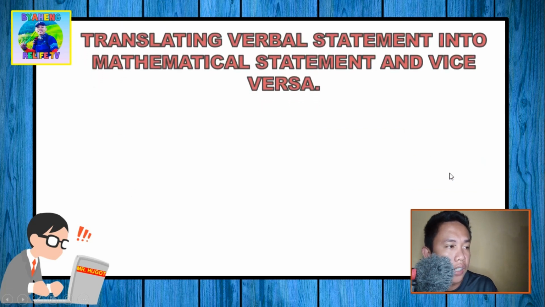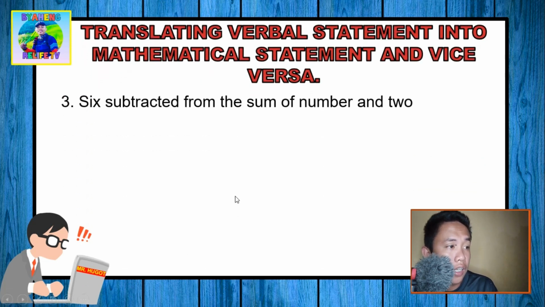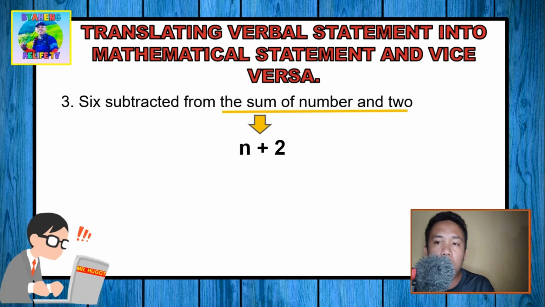Let's have number 3, guys. 6 subtracted from the sum of a number and 2. So, subtracted from, edi baligtad dapat yan. So, we're going to deal with n plus 2 since we're dealing with the word sum. Ginamit ko yung letter na n since wala namang na-emphasize na letter.